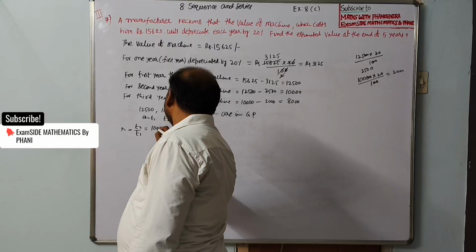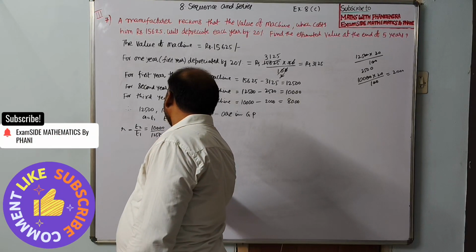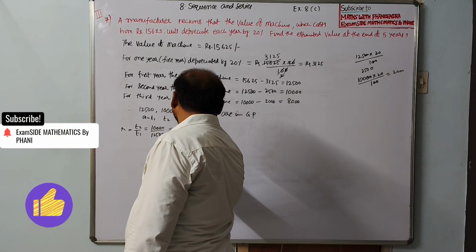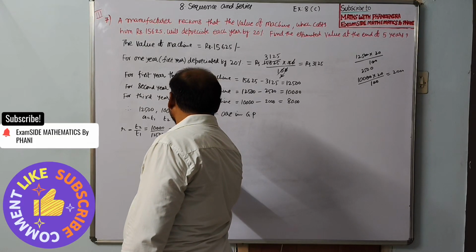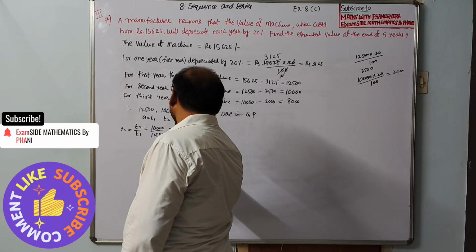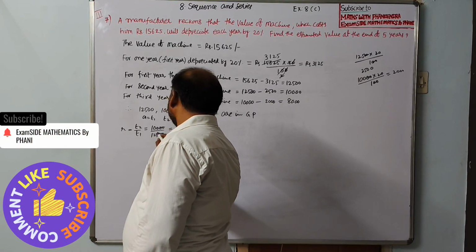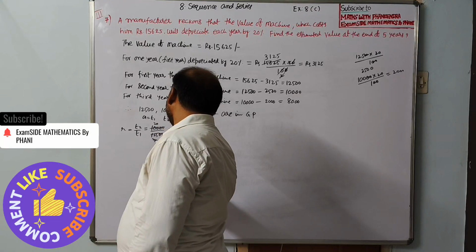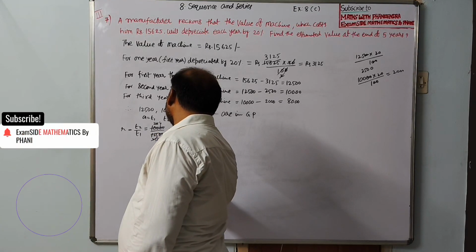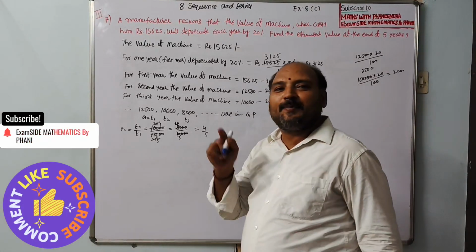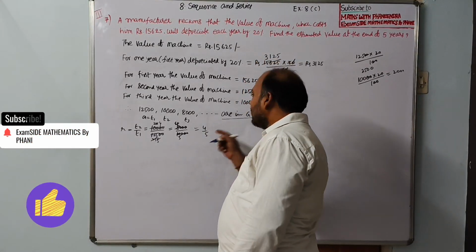So 10,000 divided by 12,500, and 8,000 divided by 10,000. Four 2s are 8, four 5s are 20; here also 5 4s, 5 5s. So 4 by 5 we are getting. So the common ratio is the same, meaning it is a GP. That is the reason I am writing it as a GP.